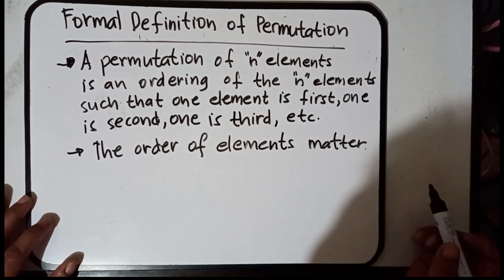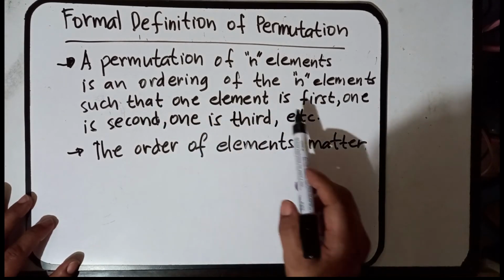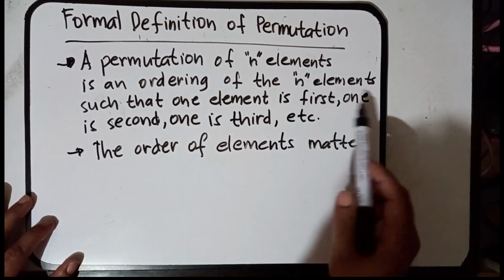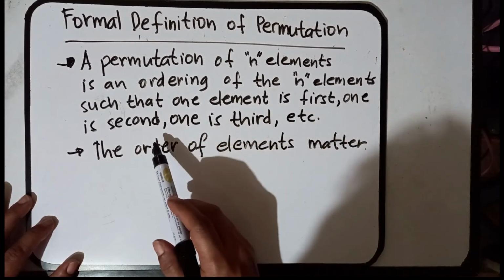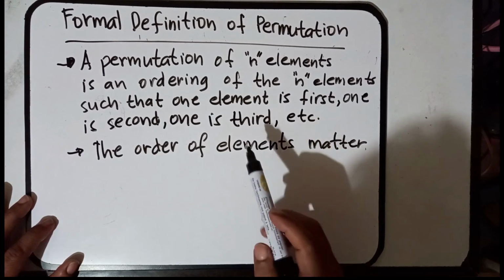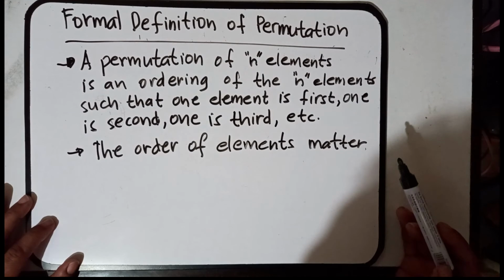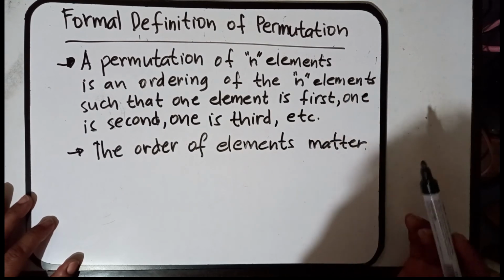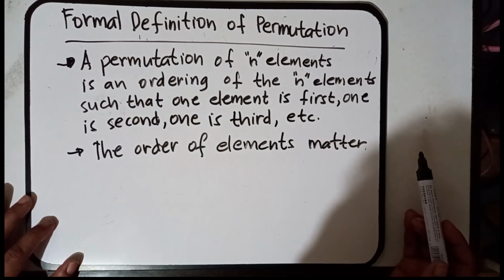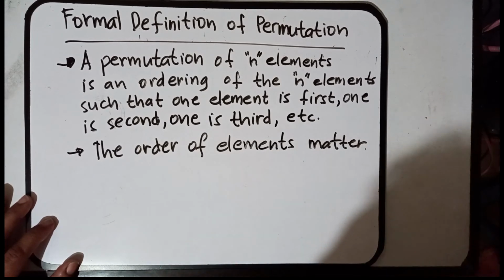So the n elements on the first together with the elements on the second and the elements on the third, those are what is called a permutation. Okay, so the order of elements matters.